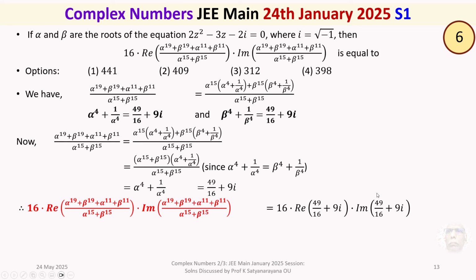The imaginary part of 49 by 16 plus 9i is 9. So it will be 16 times 49 by 16 into 9. 16 cancels and you will get 49 into 9. That is 441. Where is the answer? So the answer appears against option 1. That is the detailed discussion of the solution of this problem. This problem is also an interesting problem.